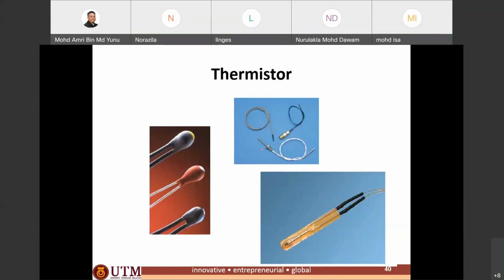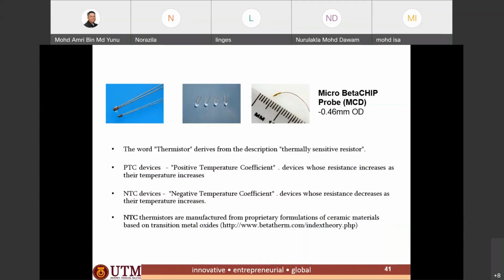These are the sizes and forms of the thermistor. It could be as small as a match stick tip, and it can be made into a probe, but normally it's small. For example, this micro bead chip probe thermistor. There are two types: the positive temperature coefficient and the negative temperature coefficient.